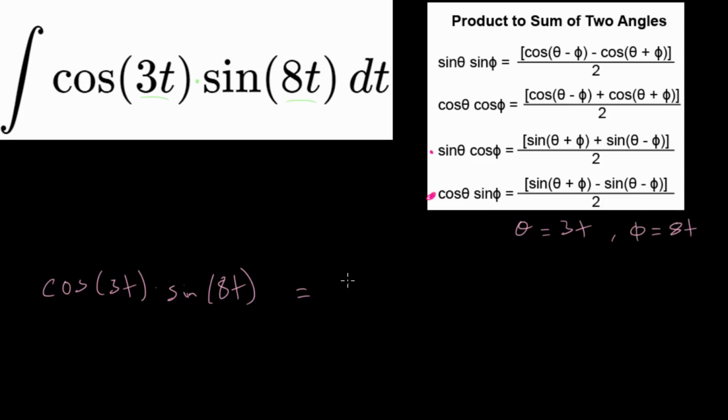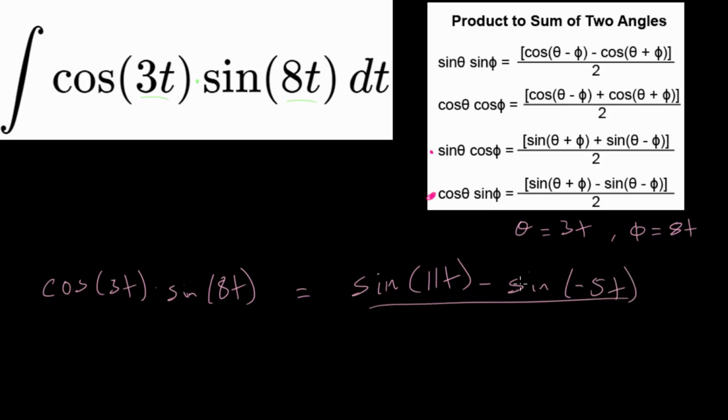Plugging these in, we have the sine of the two angles added together, 3t plus 8t, that'd be 11t. Then we subtract the sine of theta minus phi, 3t minus 8t, which would be negative 5t. And then all of this is divided by 2.